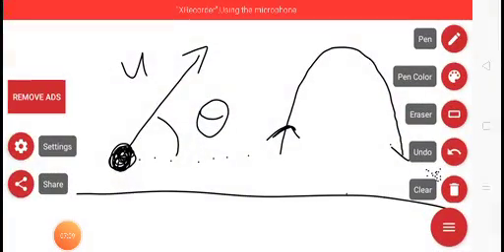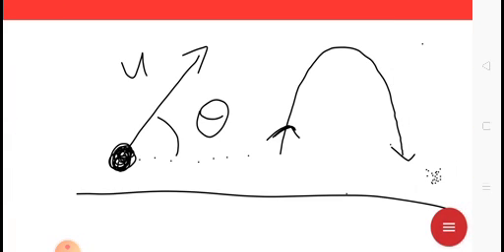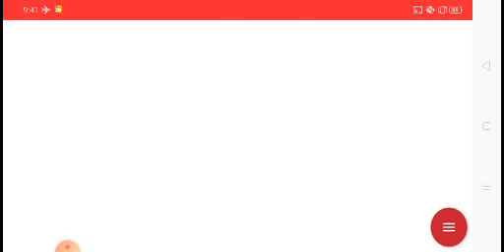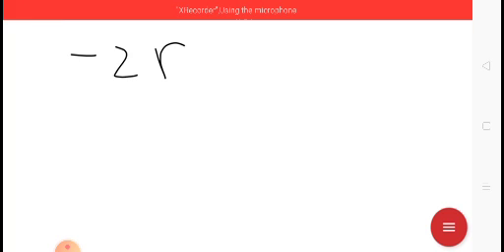What assumptions do you need to involve? This motion will be in 2D. We just consider 2D, meaning you only have x and y. x will be the horizontal motion and y the vertical motion.